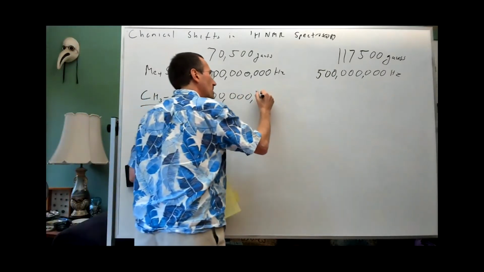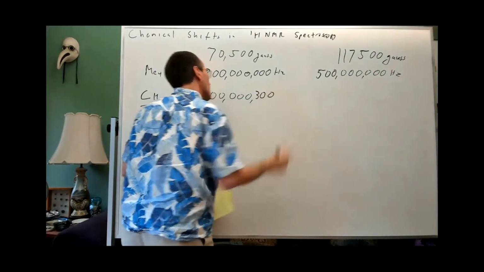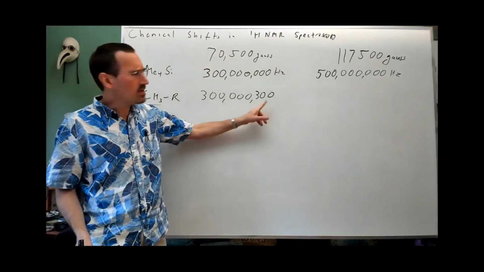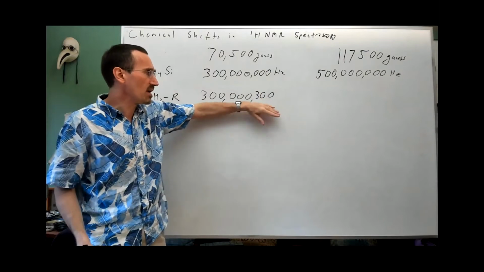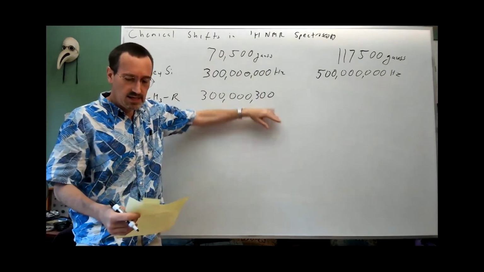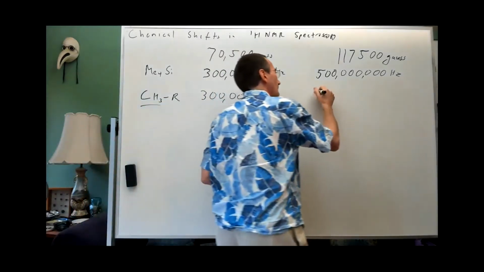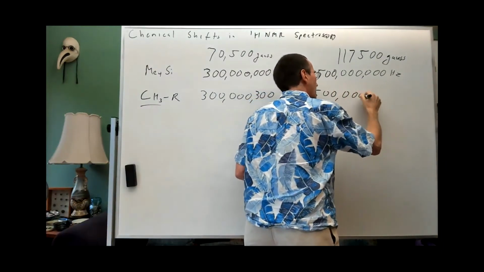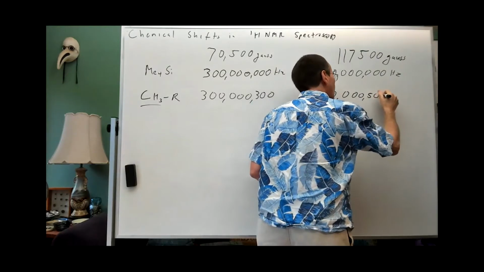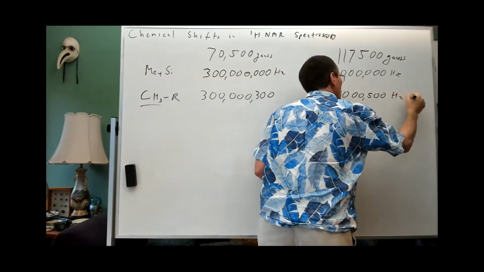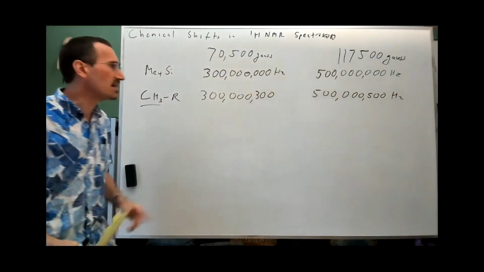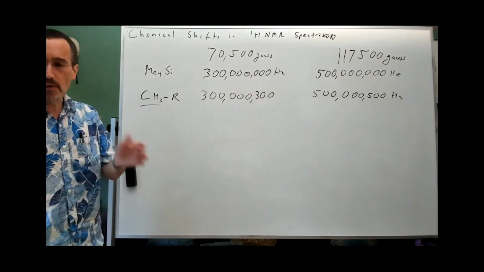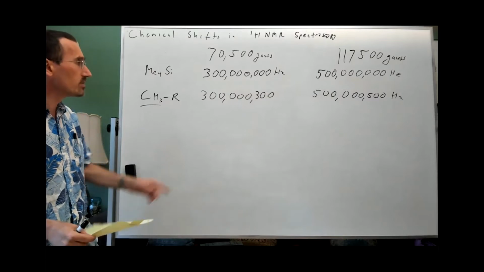So we're going to be about 300 million, 300 hertz, really more like 270, but I want to keep the numbers simple here. And on the higher field magnet, we're going to be at about 500 million, 500 hertz. And again, if I were being a little more honest, I'd say 500 million, 450 hertz. But I want to keep the numbers simple and round here.